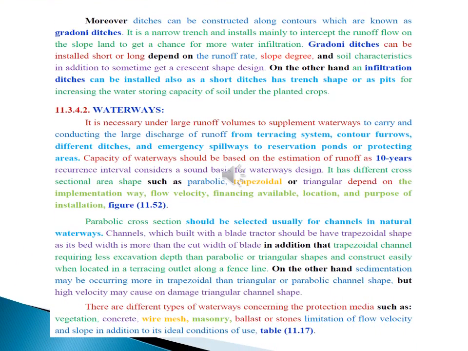Waterways. It is necessary under large runoff volumes to supplement waterways to carry and conduct the largest discharge of runoff from terracing systems, contour furrows, different ditches, and emergency spillways to reservation ponds or protected areas, as shown in the enclosed figure and table.